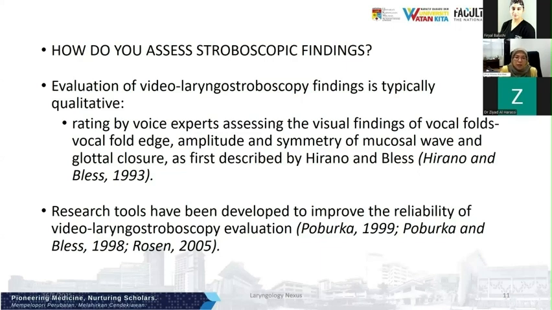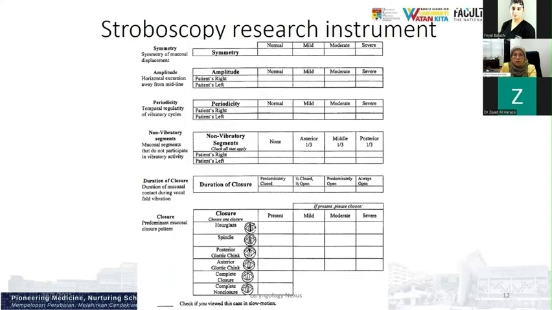If people ask, is stroboscopic evaluation objective? The answer is no. It is actually subjective. And we make it semi-objective by developing these tools to standardize the way we evaluate the vibration of the vocal fold. Of the many research tools available to evaluate the stroboscopic findings, in our center, we use this one.